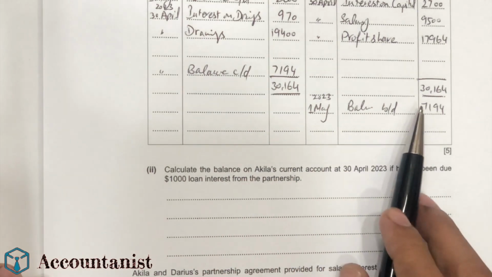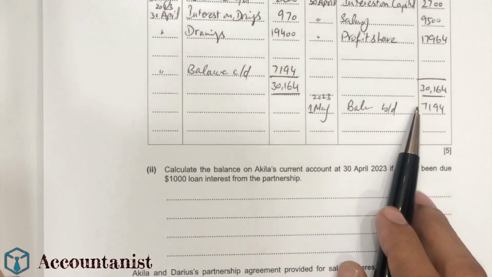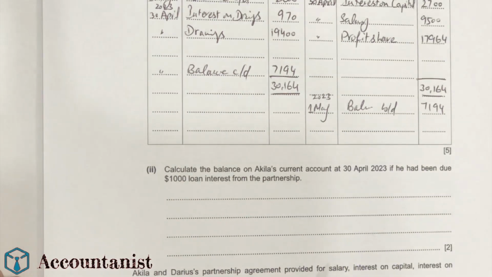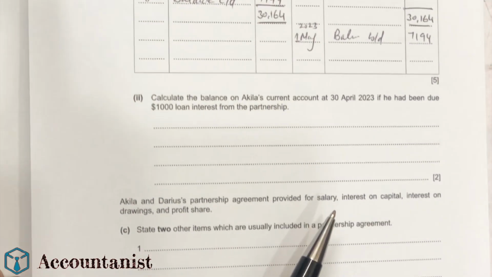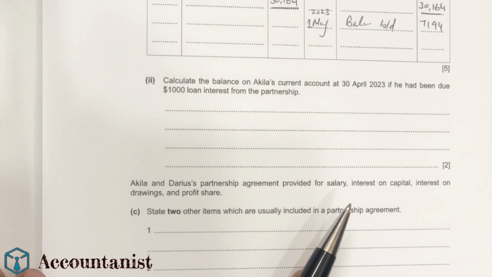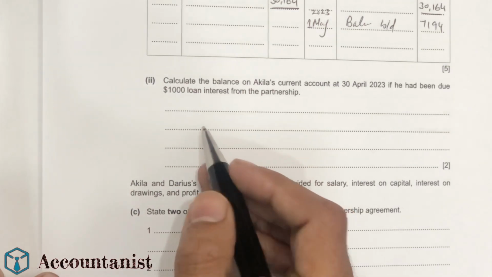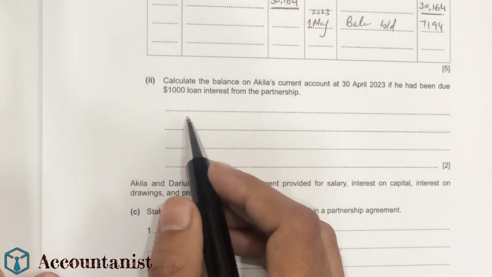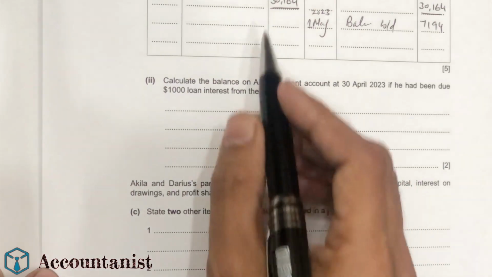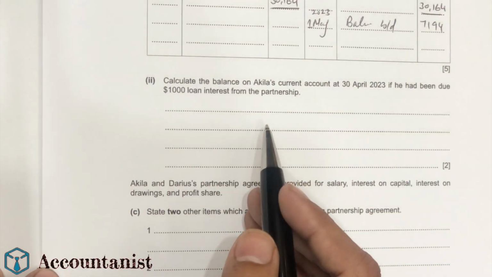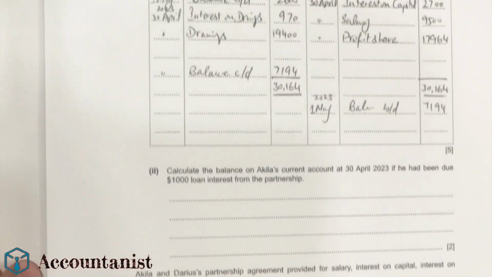But we have to think about it, because loan interest is an expense in the business, so it will reduce our profit. Because it will reduce the profit, our profit share will be reduced. So how can we do this? There is a way that we can do that. Profit share will be reduced by how much?